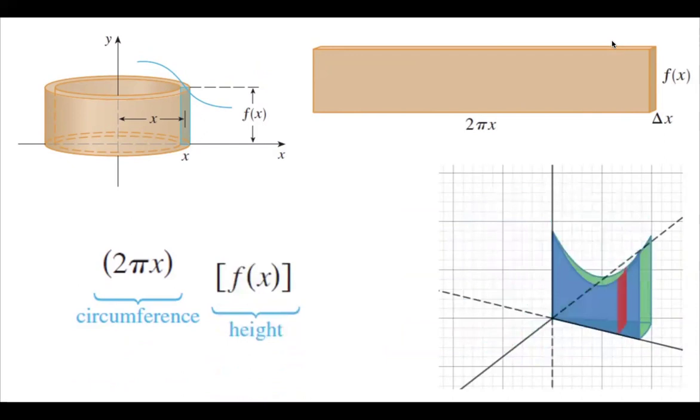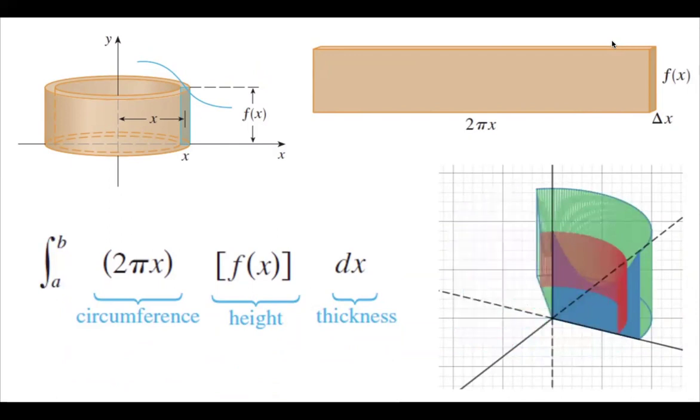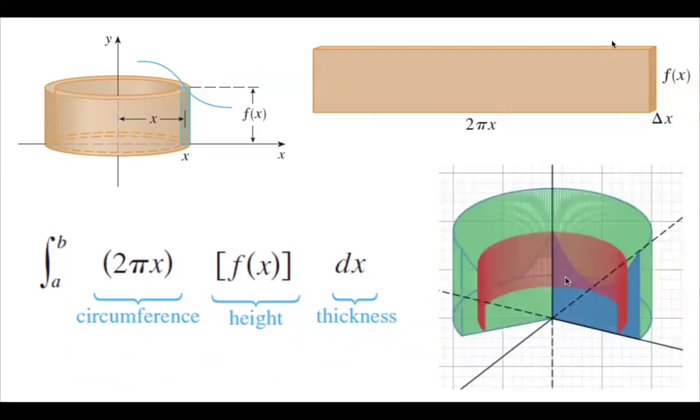Then you multiply that by the height, which is f of x, and then multiply by the thickness to find the volume of these small shells, adding them together, which is basically using the limit of the Riemann sum, which is nothing but the definite integral.